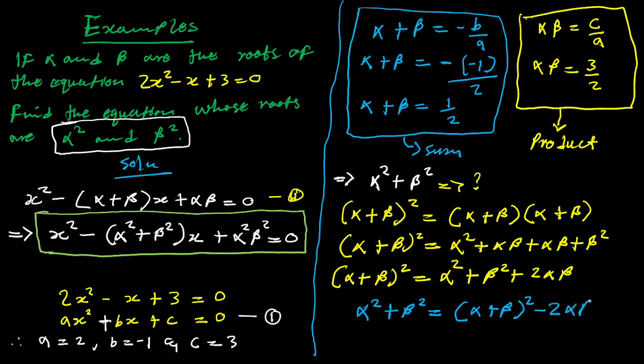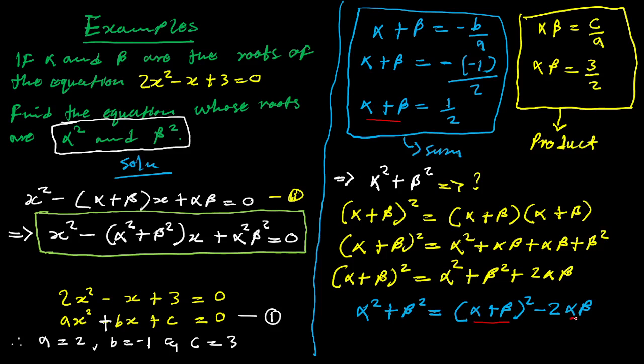If you observe, what I now have is what is according to the formula. The alpha plus beta is the same one which is in that formula. The alpha beta here is the one which is in that formula.